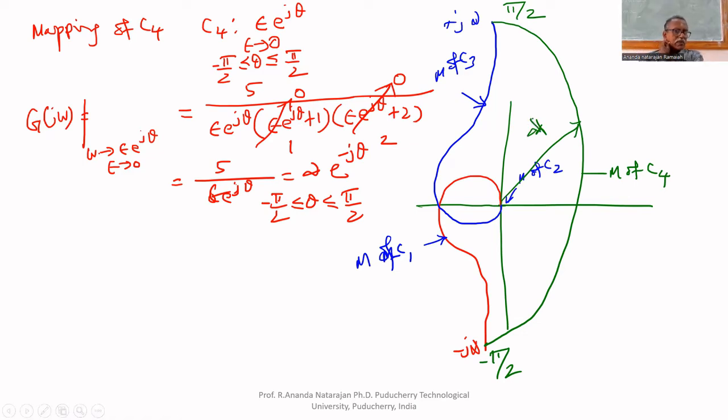This is the mapping. So now we have to find where it intersects the real axis.